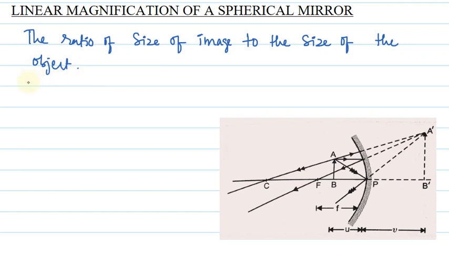And it is denoted by m. So mathematically it can be represented as small m is equal to size of image upon size of object.